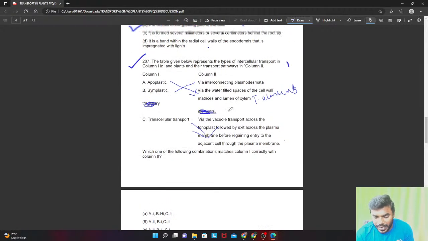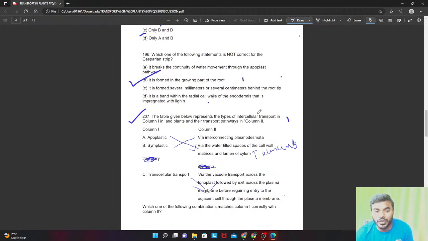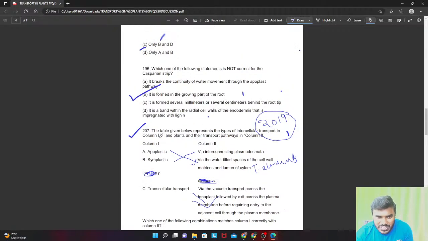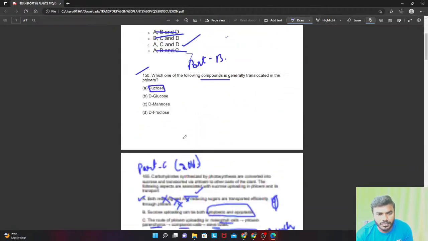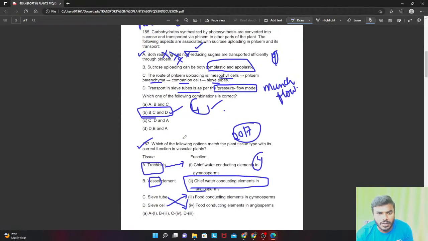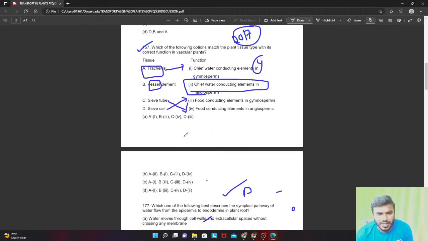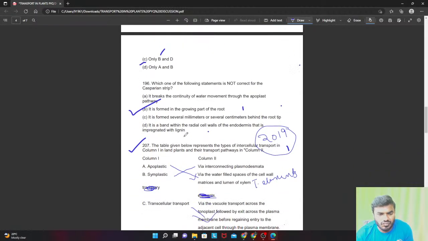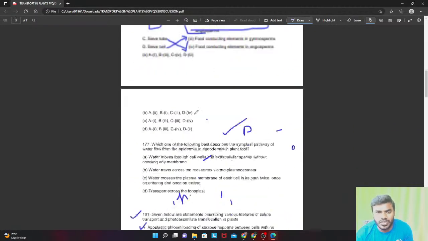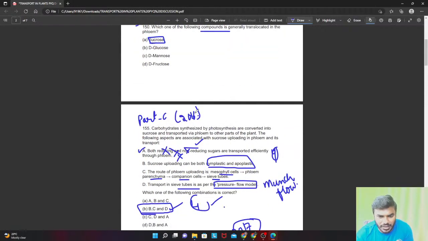See friends, I am just giving you one hint to all of you. This is the question asked in 2019. Now the same question, there is the same question asked in another year also.